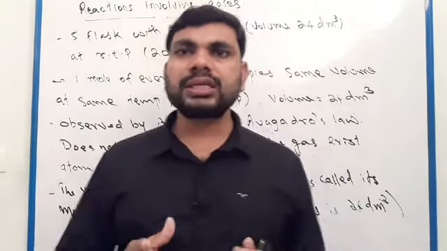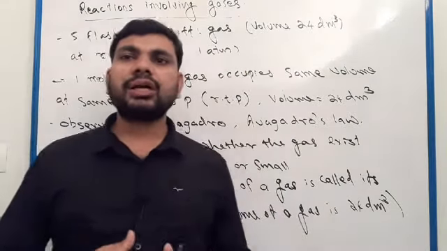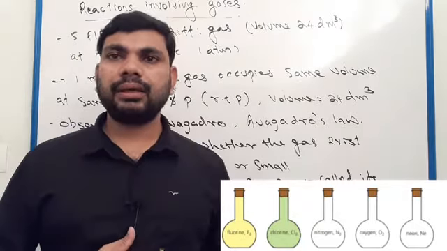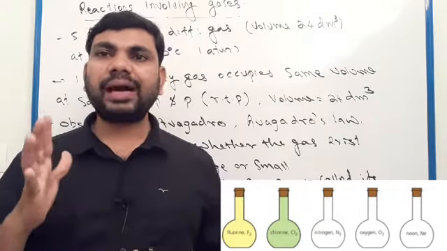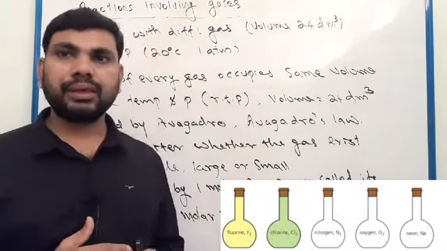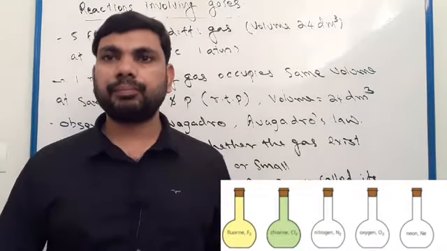Okay, so to discuss these things, consider 5 different gases in different flasks. Each flask has the same volume, 24 decimeter cube.